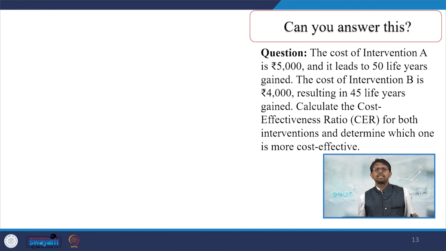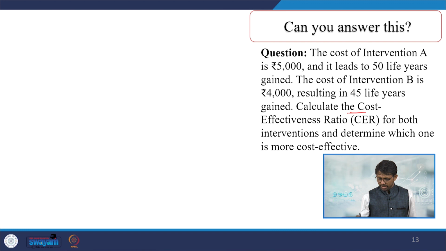Can you also answer this question, which is a little different? Let's see. The cost of intervention A is 5,000, and this leads to 50 life years gained, and the cost of intervention B is 4,000, resulting in 45 life years gained. Now accordingly you can calculate the cost effectiveness ratio, but now just see the difference.